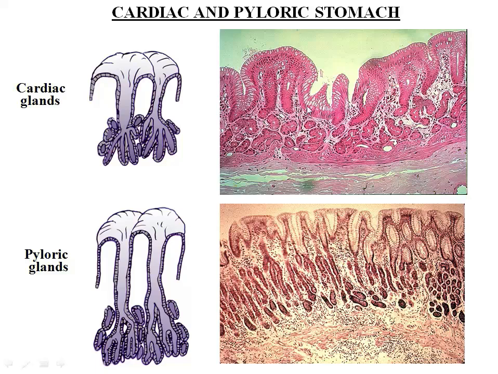Basically both these epithelial layers are columnar epithelium. The only modification is in the type of secretion, where they have these glands. Depending on their secretions and locations, they are referred to as cardiac glands in the cardiac portion and pyloric glands in the pyloric portion.